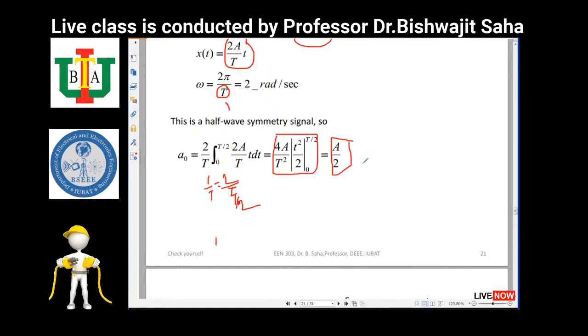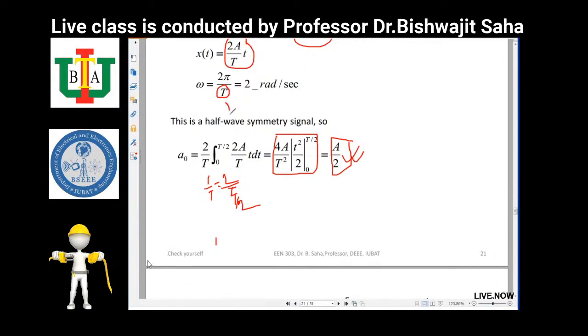Very interesting point here. Look at this point. This is the half of the maximum amplitude. Yes, thank you, you recognized. And you can consider also that the sawtooth wave also had the half, right? Yes, sir.